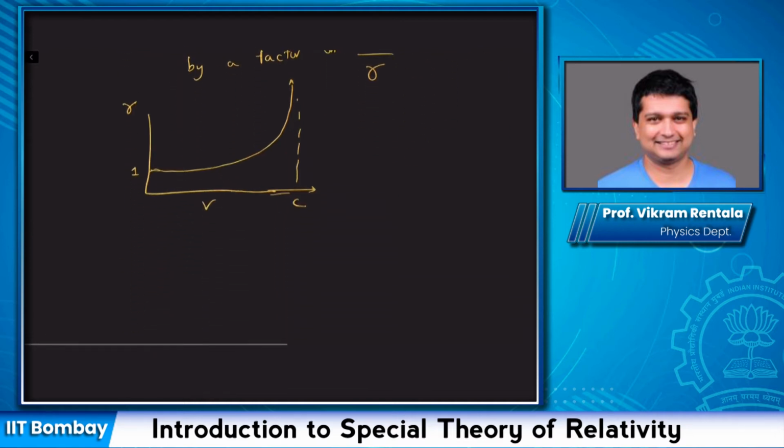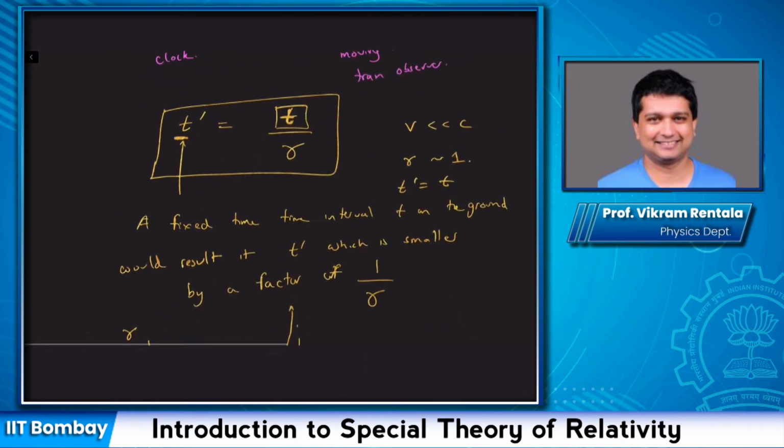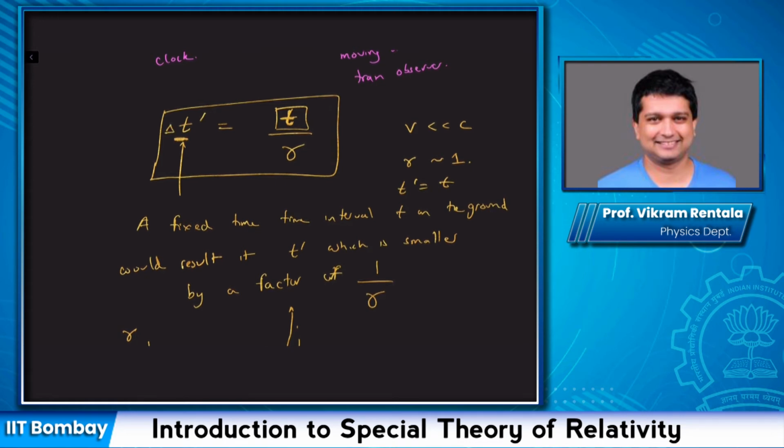So in other words, moving clocks appear to tick more slowly than clocks on the ground. Let's call this delta t prime, and let's call this delta t.